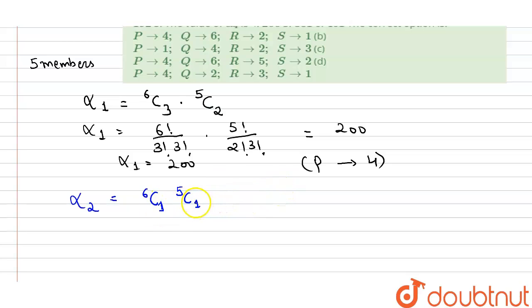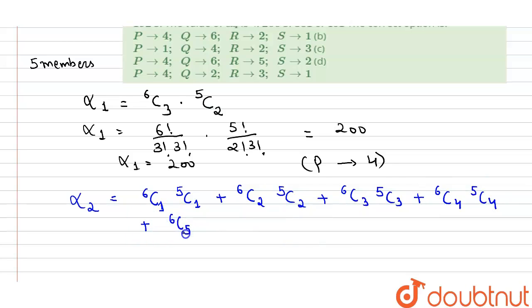So this is for exactly 2 members, plus 6C2, means out of 6 boys we select 2 boys, and 5C2, from 5 girls we select 2, plus 6C3, 5C3, plus 6C4, 5C4, plus 6C5, 5C5.